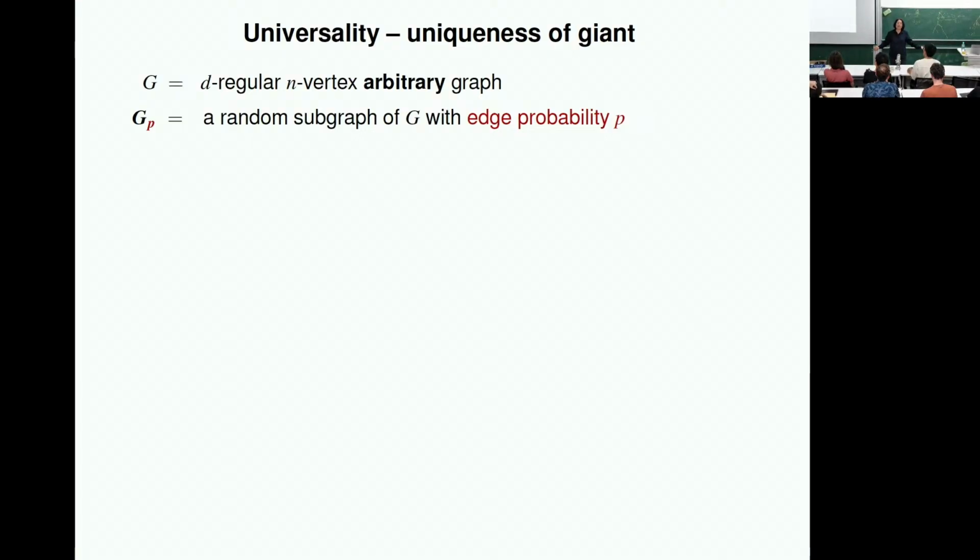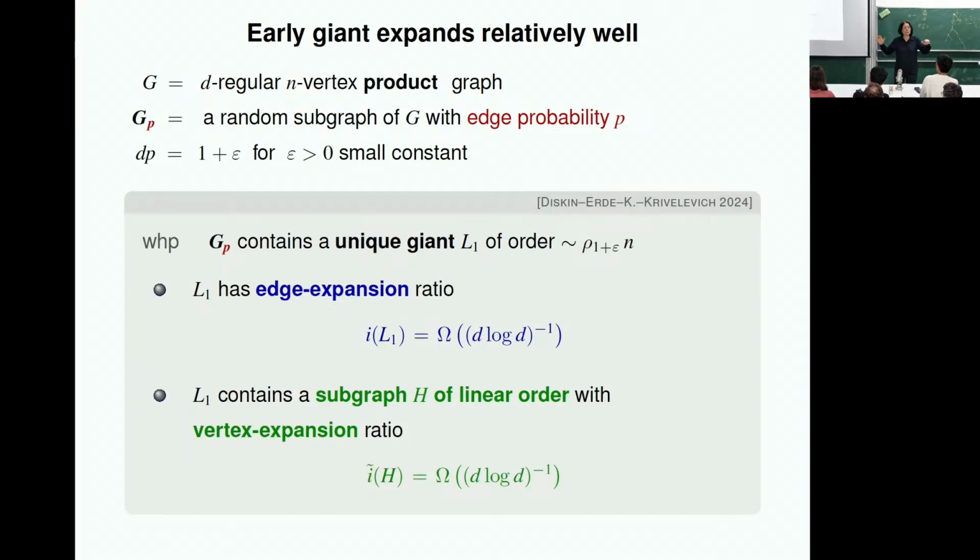But there are things that are locally tree-like but maybe like a thin tube. Then if you percolate, it results in two giant components, meaning two separate components of linear size. In other words, the giant components are not unique. So we want to guarantee such an Erdős–Rényi phenomenon. I didn't mention it, but anyway, we want to guarantee such a thing.